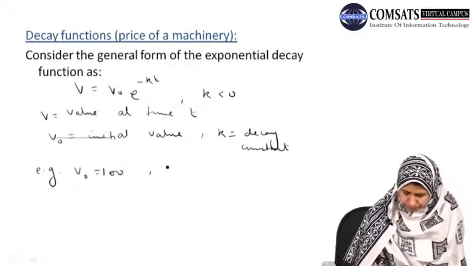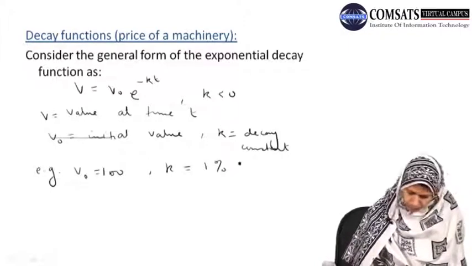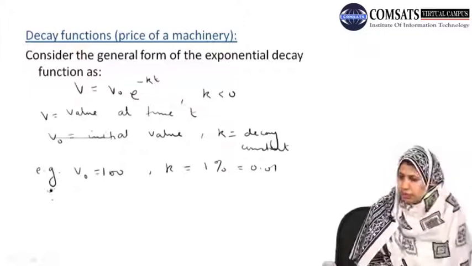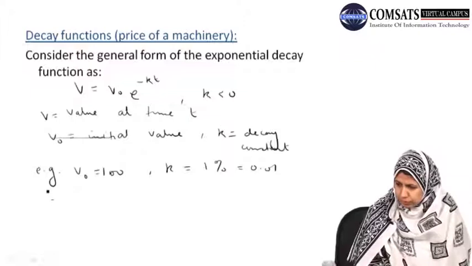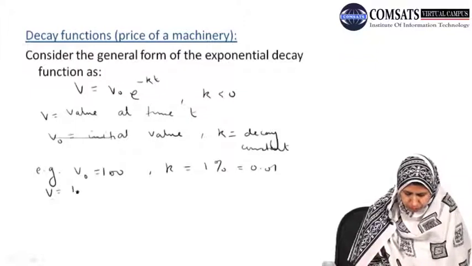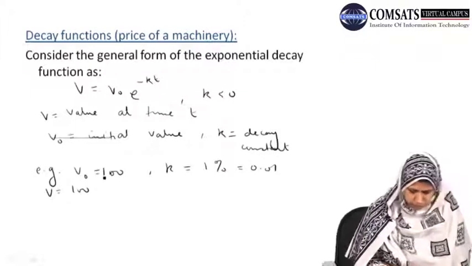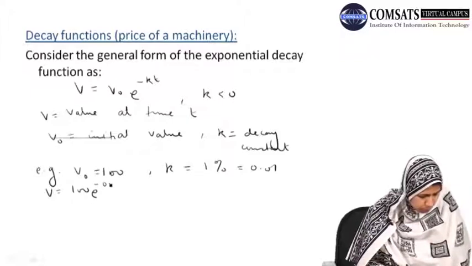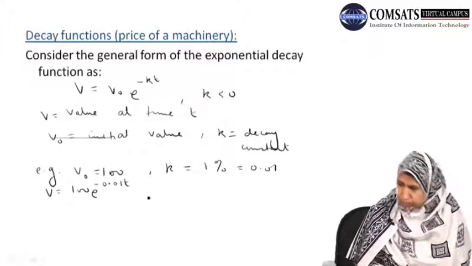and our decay constant is 1%, which is 0.01, then our decay model will be V equals 100 into e to the power minus 0.01t.